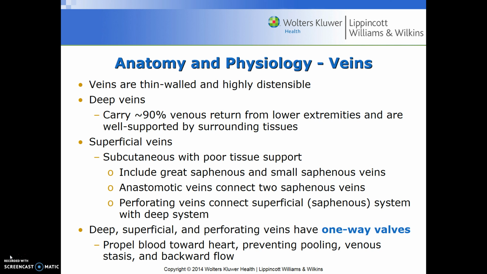The deep, superficial, and perforating veins have one-way valves that propel the blood toward the heart, preventing pooling, venous stasis, and backflow. You'll often see people with incompetent valves, and there are issues with that and circulation.